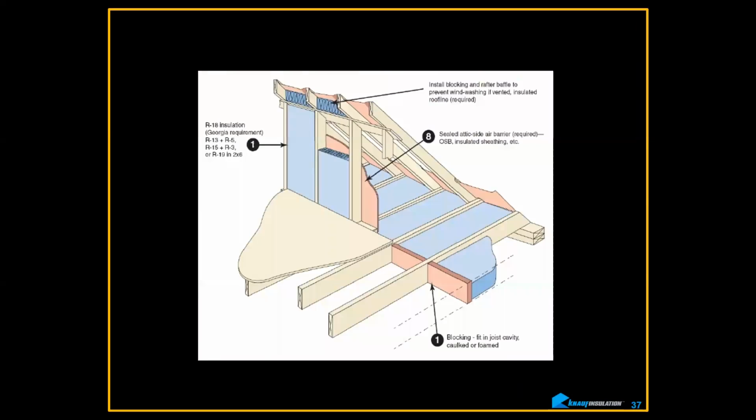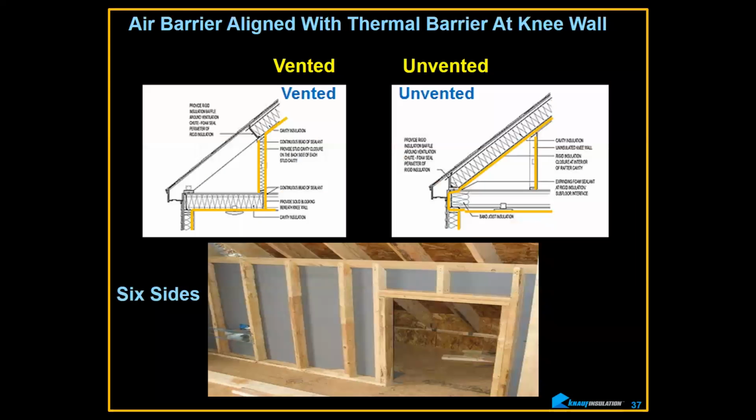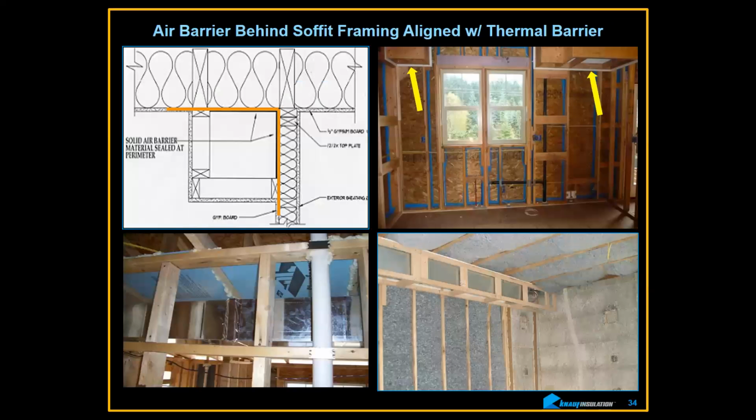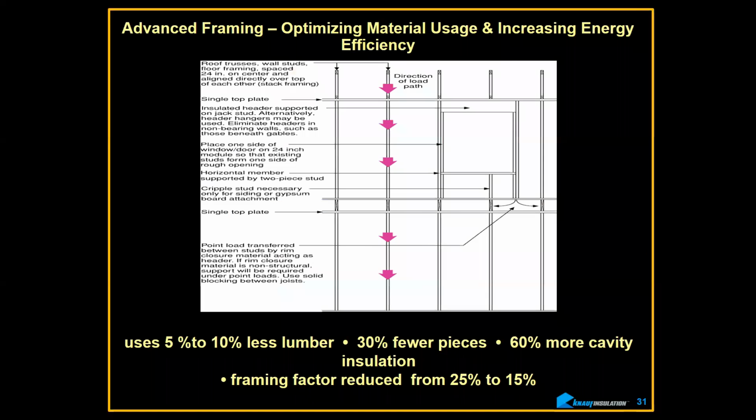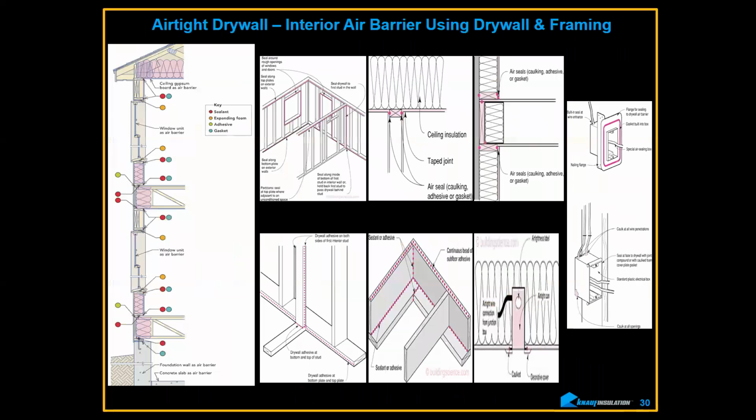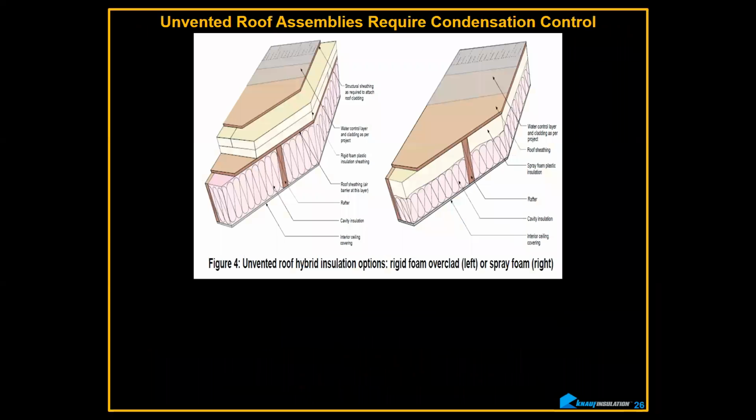Yeah, and I'd like to point out to the inspectors still on the webinar, when you get there, that chart showing the R5 continuous requirement in climate zone 3 out of 806 for condensation control. You don't see that. Most inspectors don't pay attention to that.